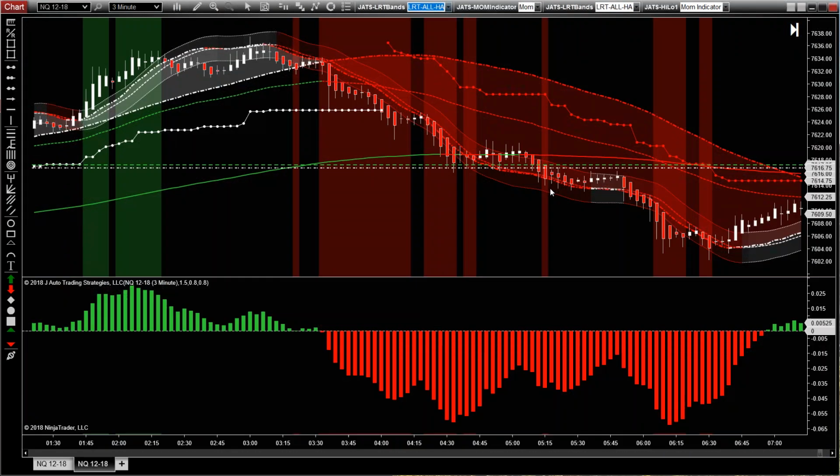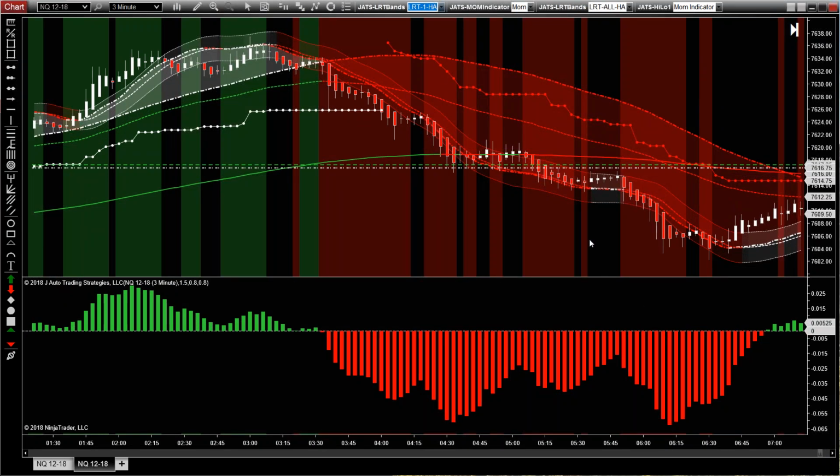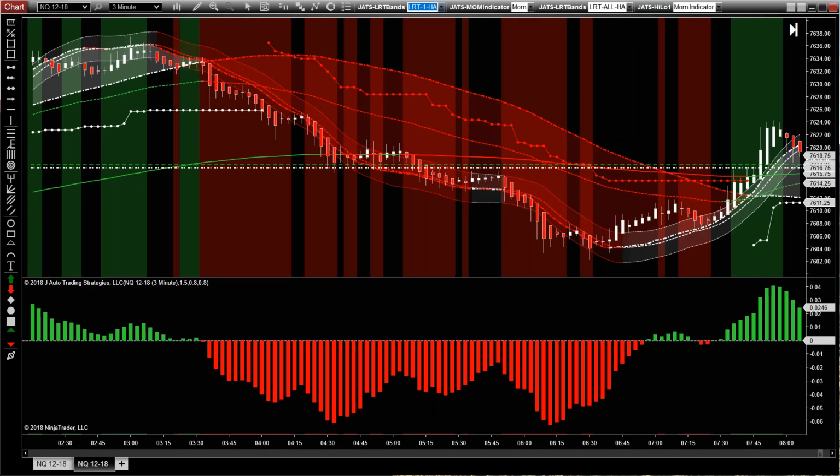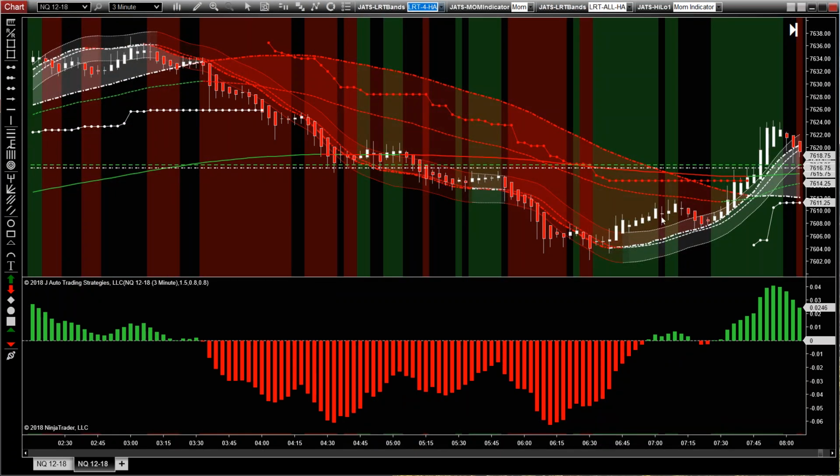Same concept. Or trade your ones. And understand the templates and know when not to trade on these reversions, on these reversals.